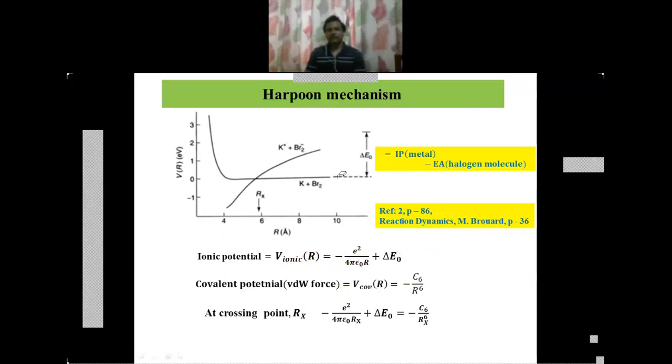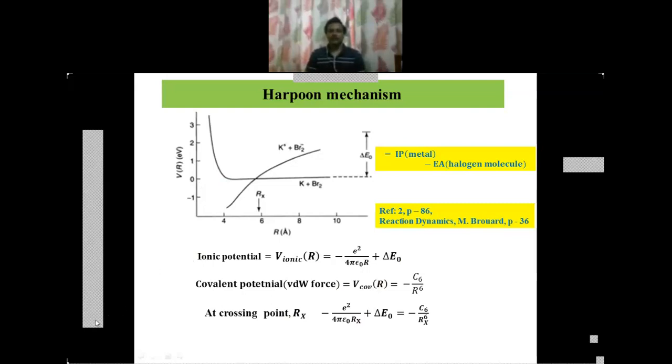So it depends on how the potential is acting on the system. Depending on that, the reaction is going to be controlled, right? So if we know the potential energy beforehand, before discussing the dynamics, it should be easy to discuss how the dynamics is going to be expected, right?